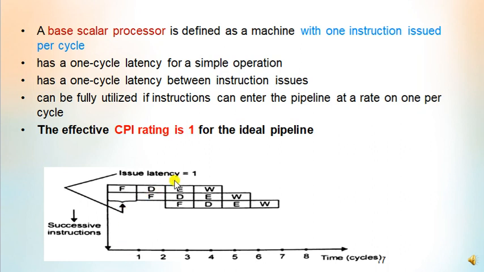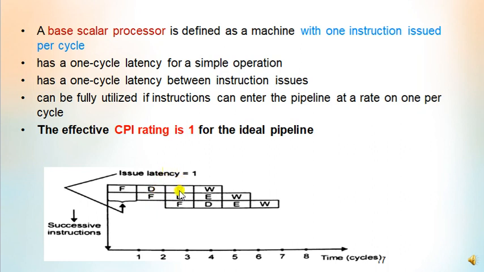Here the issue latency is 1. As I said earlier in the pipeline example, after the fetching phase, the first instruction go to the next phase, decode phase. At the same time, the next instruction started its fetching phase, and in the next cycle, the first instruction go from decode stage to execute stage.